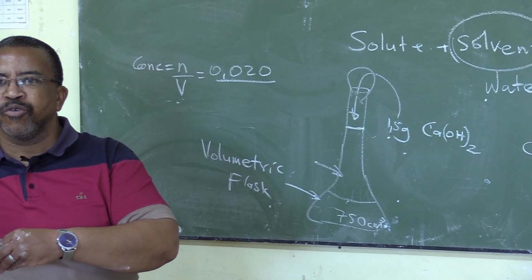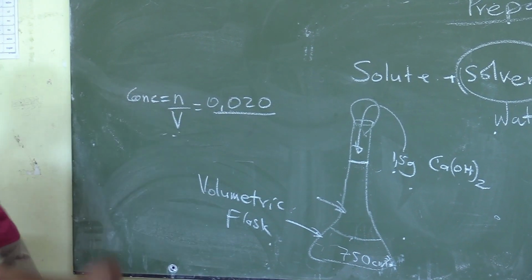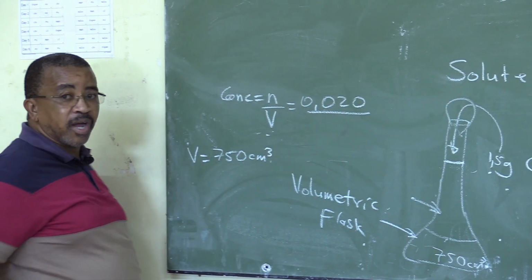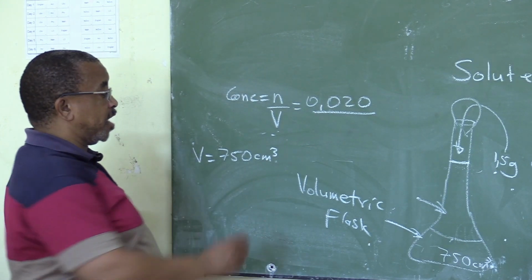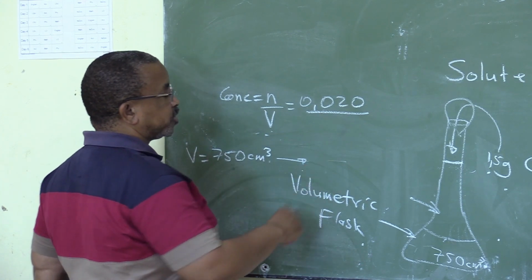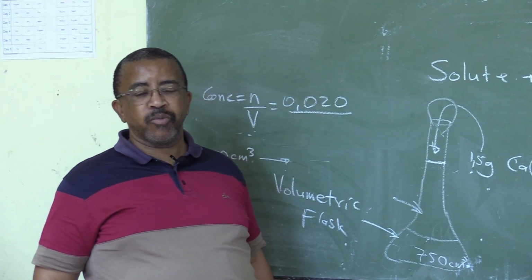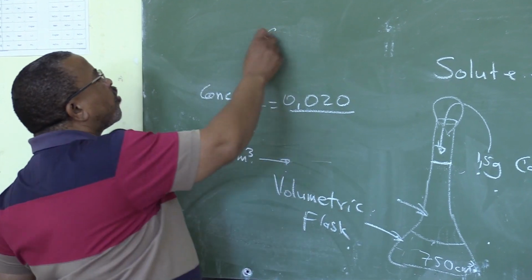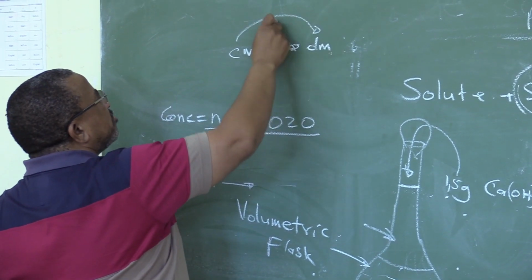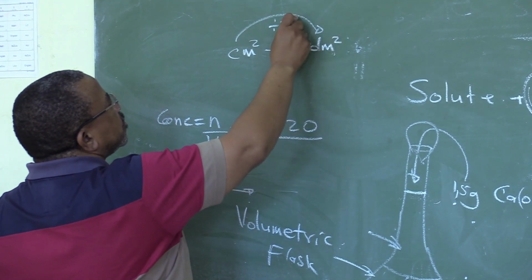So what is the volume? It is 750 cubic centimeter, but it must be in cubic decimeter. When you convert centimeter cubed to decimeter cubed, what do we divide by? We divide by 10 cubed. Remember, when we convert centimeter squared to decimeter squared, we divide by 10 squared.